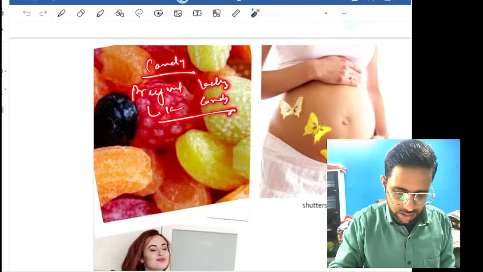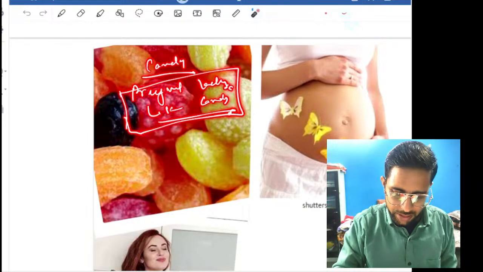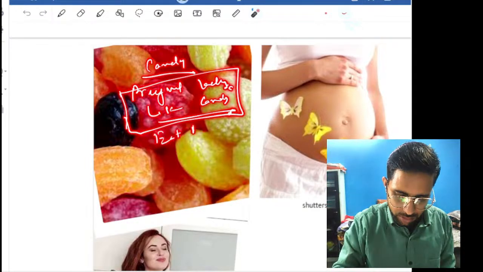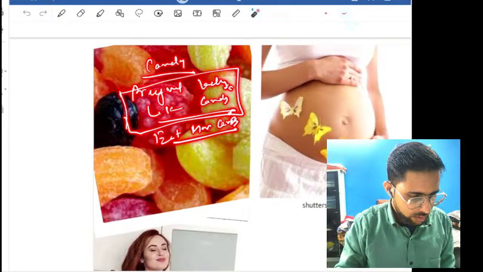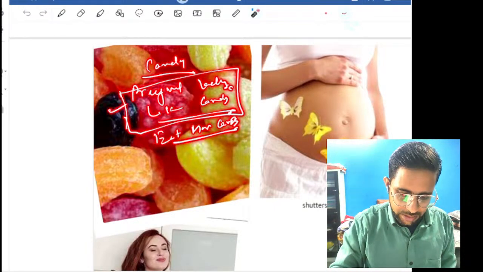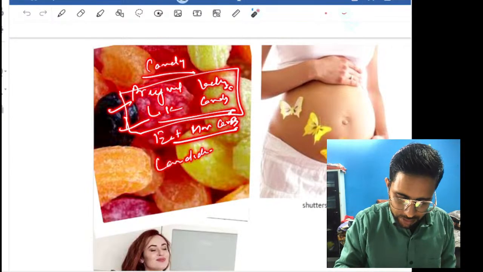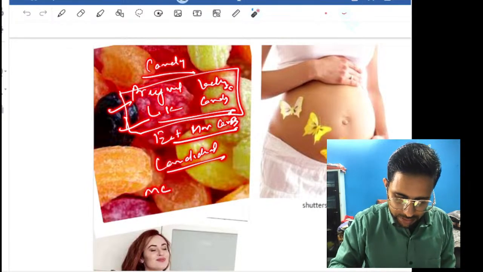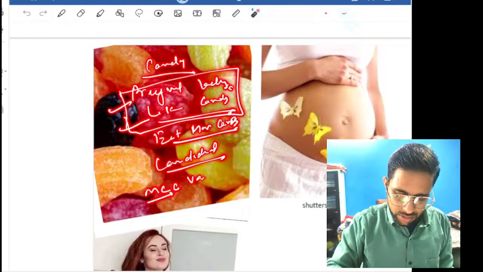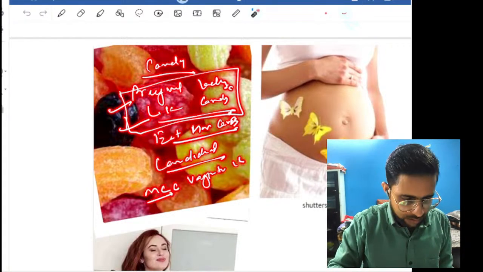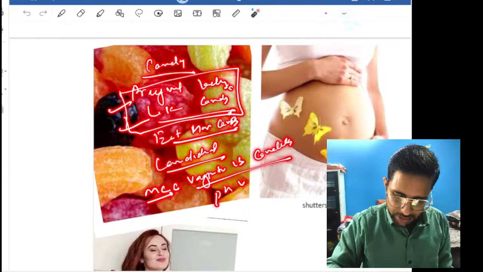So what is the meaning of this sentence? Pregnant lady like candy, eat more candy. Yes, very good answer, Dr. Mallika. Pregnant lady like the candies means candidiasis, which is the most common cause of vaginitis in pregnancy.